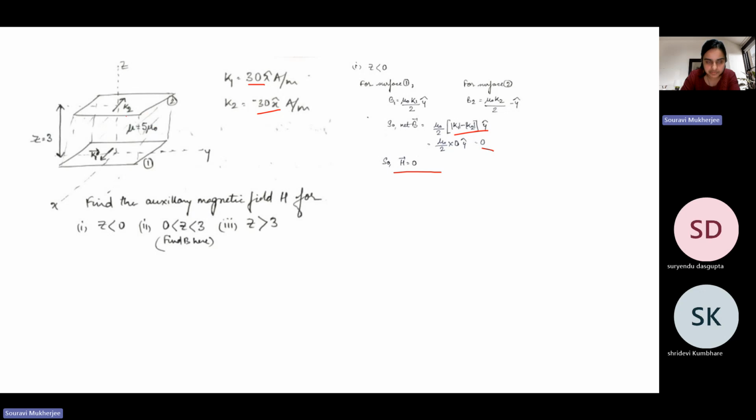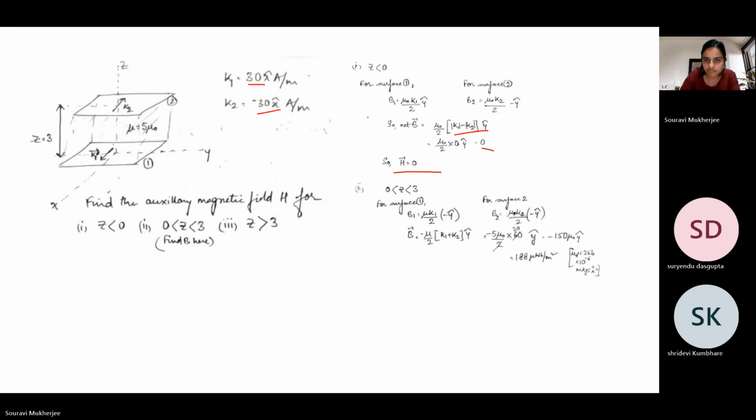Again, for the region between the two, what will happen? For surface 1, the field at P is in the minus y direction, given by mu k1 by 2. This is something we have already derived. If you have any question, ask me now.